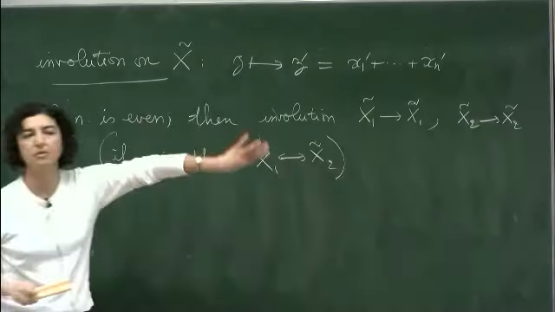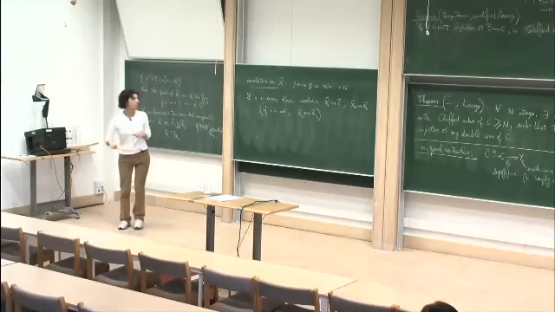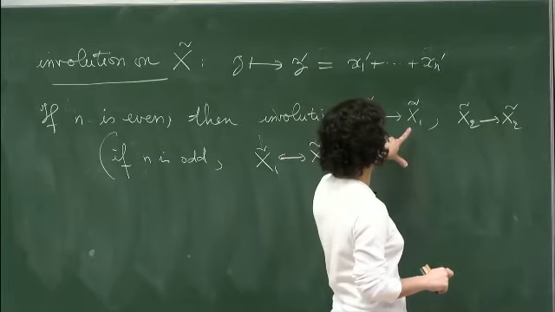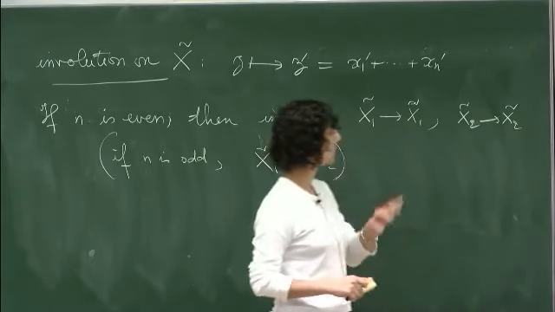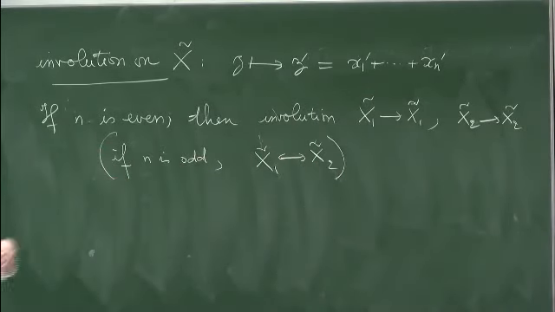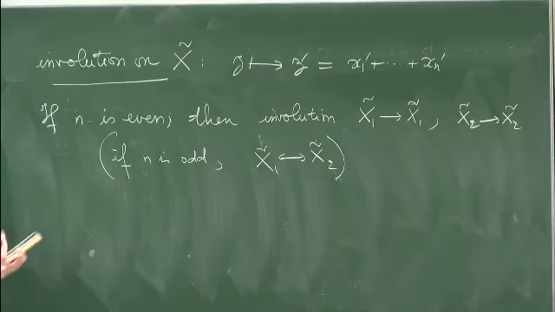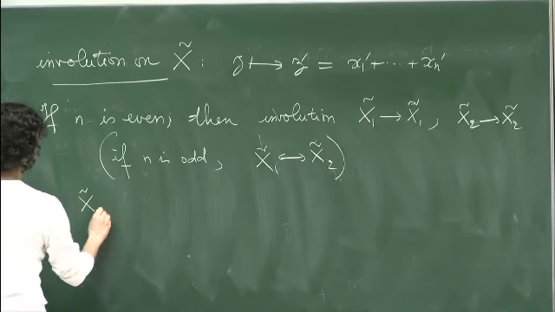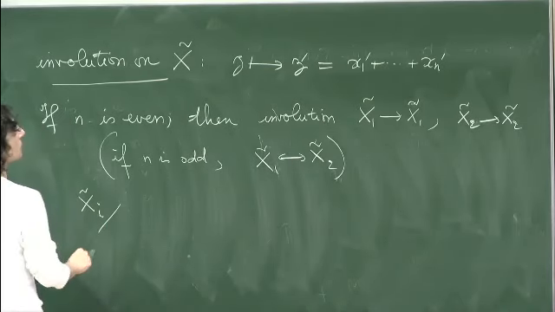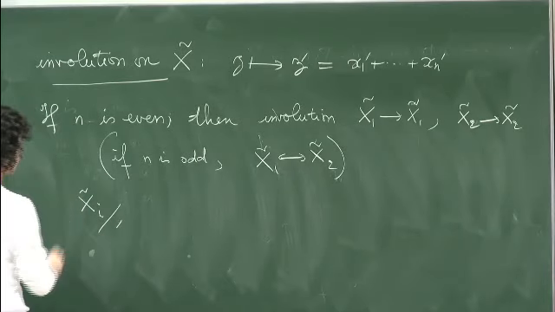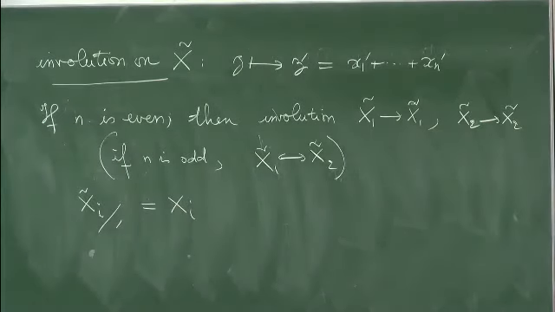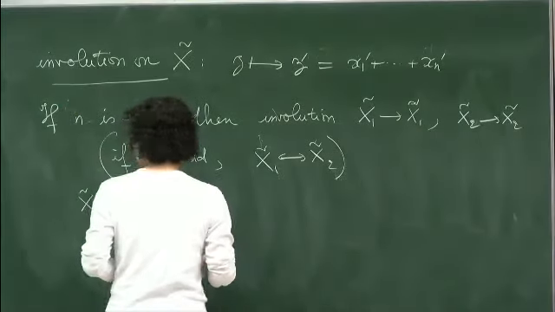So in fact, they will be isomorphic if n is odd. But if n is even, the involution leaves each of them globally invariant. So then you can quotient by it and you get new curves. Xi tilde modulo the involution, which I called prime, I will call Xi. You can compute the genus of this.